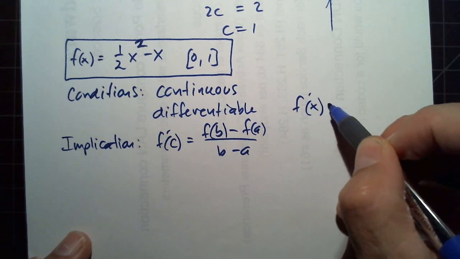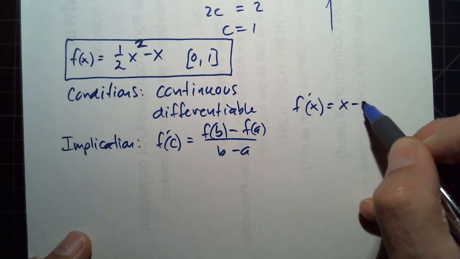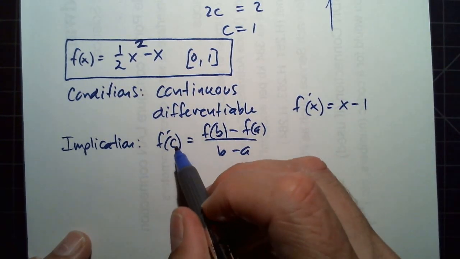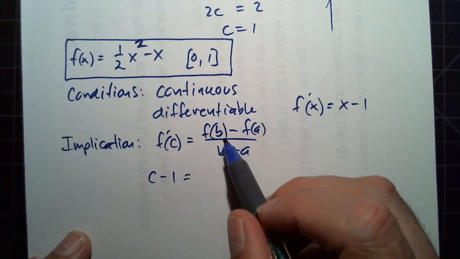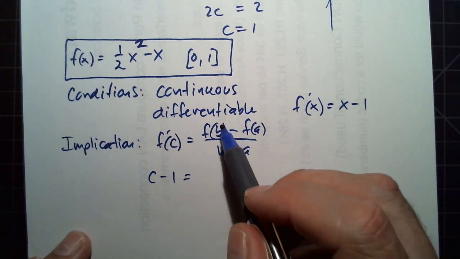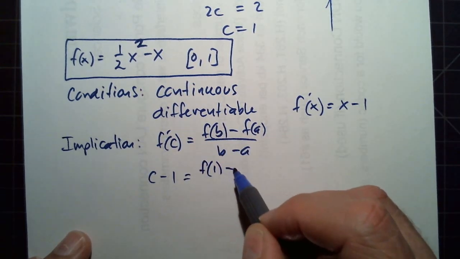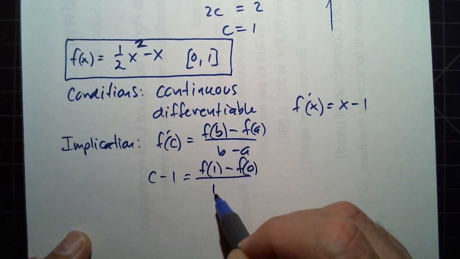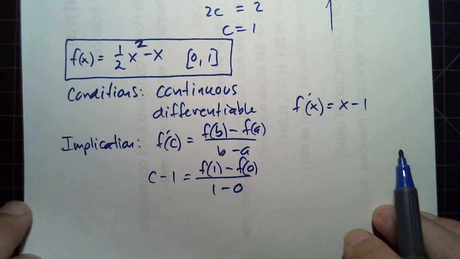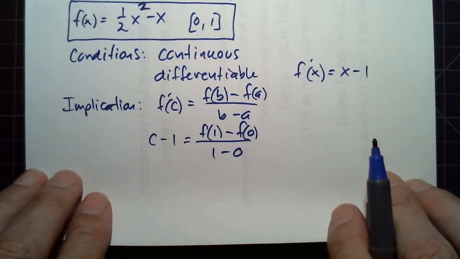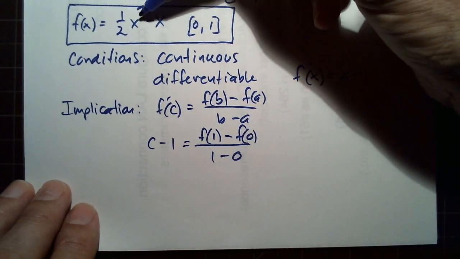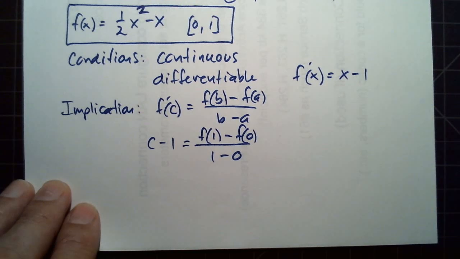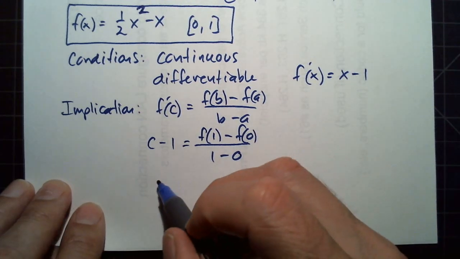F prime is x minus 1. So we're going to say f prime of c is c minus 1. The slope of the secant line is f of 1 minus f of 0 over 1 minus 0. So we're putting 1 into the function. That'll be 1/2 minus 1, which is negative 1/2.